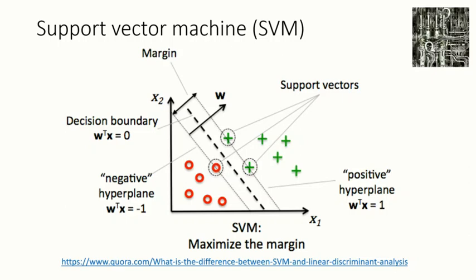The idea is to find the so-called support vectors. Vectors are data points. The support data points can define the boundary of this separation and make this boundary as wide as possible.